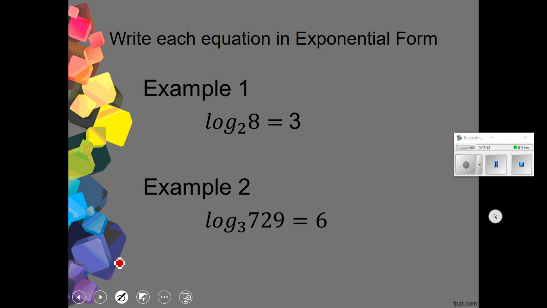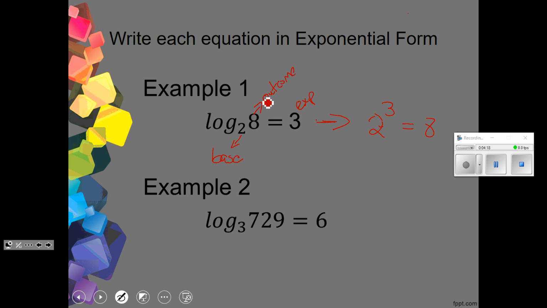If it is the log base 2 of 8, and that's equal to 3, how would I write it in exponential form? 2 to the third power is equal to 8. Here is your exponent. This is your base. And I'm going to call 8 the outcome, what you get when you raise 2 to the third power. Okay?